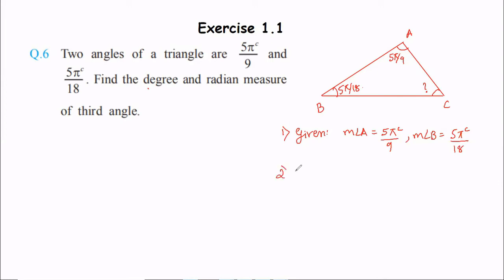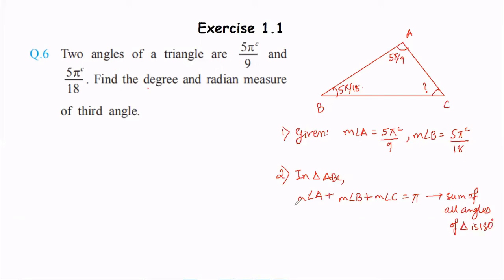So in the second step, in triangle ABC, measure angle A plus measure angle B plus measure angle C is equal to 180 degrees, right? But instead of 180, we will write pi radian, because already we are having A and B in terms of radians. The reason will be same: sum of all angles of a triangle is 180 degrees.